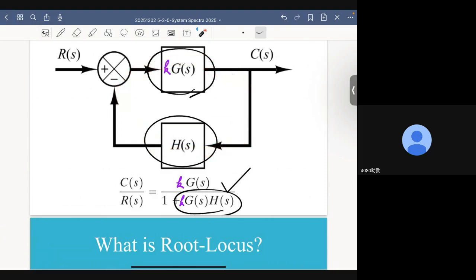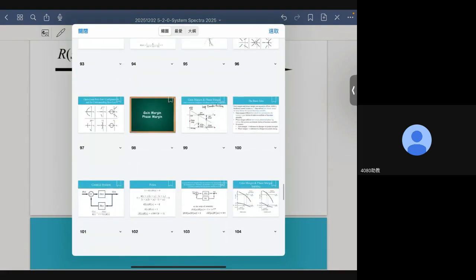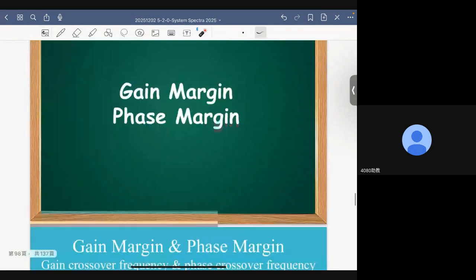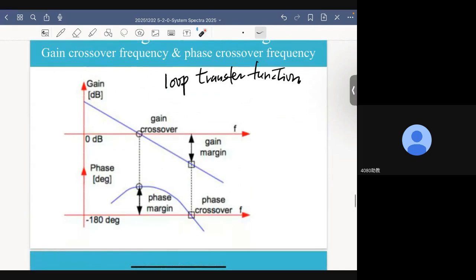And the transfer function of the closed loop system is this. So they are not the same. They are different transfer functions. Keep that in mind. So in defining phase margin and gain margin, we are talking about the loop transfer function.